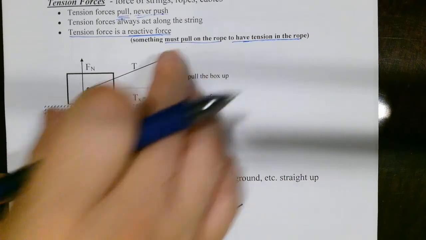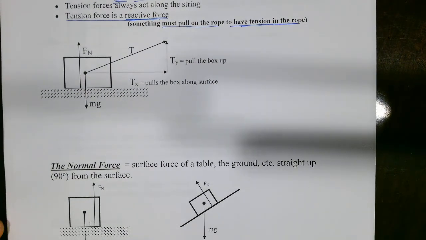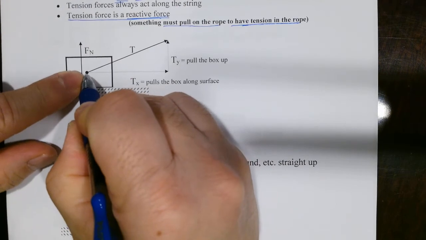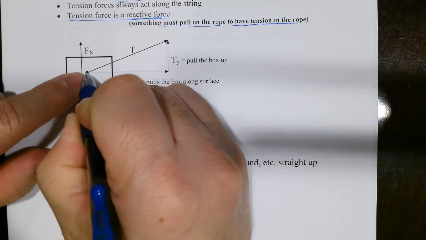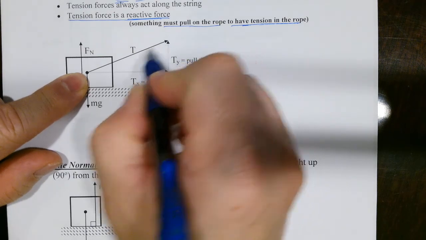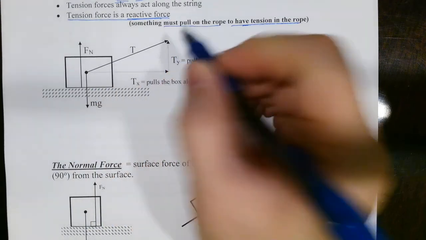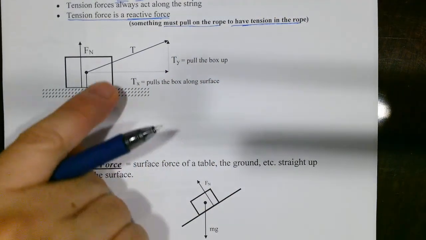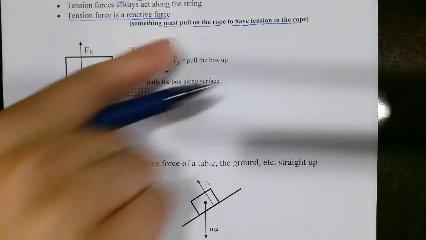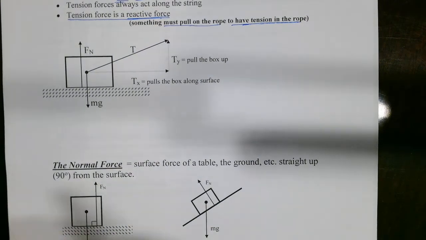So don't let the length of rope confuse you from the magnitude of the tension itself. So when a force is applied on a rope to create that tension, this tension is along the direction of the pull. The direction of the tension is along the direction of the pull.